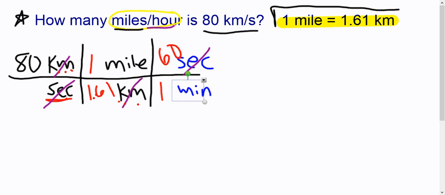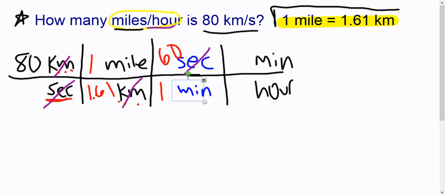So I'm just going to uncircle that because now we ultimately want to cancel minutes. We're going to have to do another step here on our T-chart. But this time we're going to cancel minutes. So now minutes is already on bottom. We want to cancel it, so we're going to put it on top. And then we want to go to hours. We do know the conversion between minutes and hours.